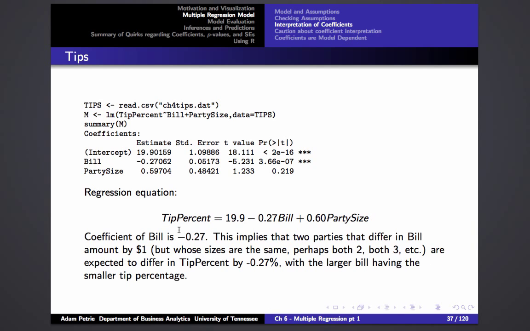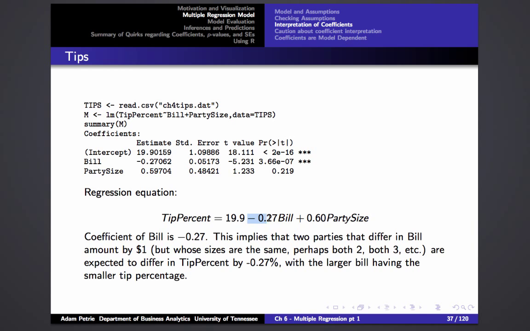All right, what about the tips data set, predicting the tip percentage based on the bill amount and also the party size of the people at the table? Here are the estimated coefficients for bill amount and for the party size with the standard errors and the p-values. If I write out the regression equation, the tip percentage is equal to 19.9% minus 0.27 times bill amount plus 0.6 times the party size.